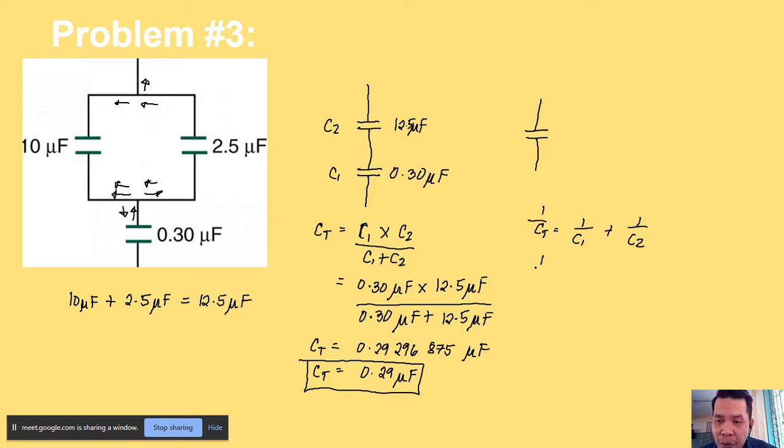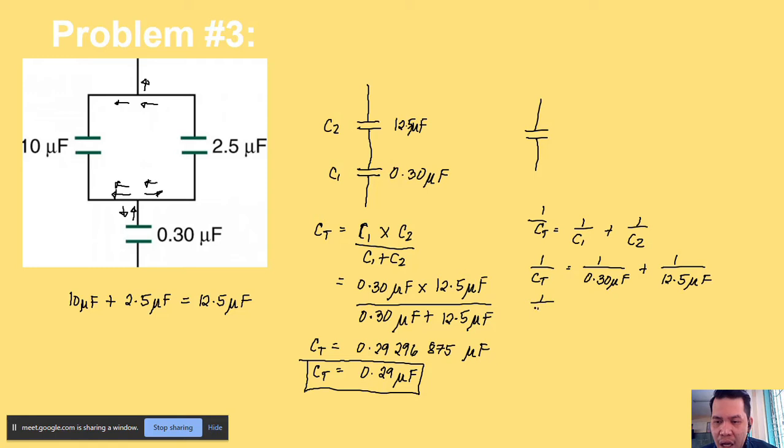So, let's try. 1 over C sub T equals 1 over C sub 1, which is 0.30 microfarad, plus 1 over C sub 2, which is 12.5 microfarad.